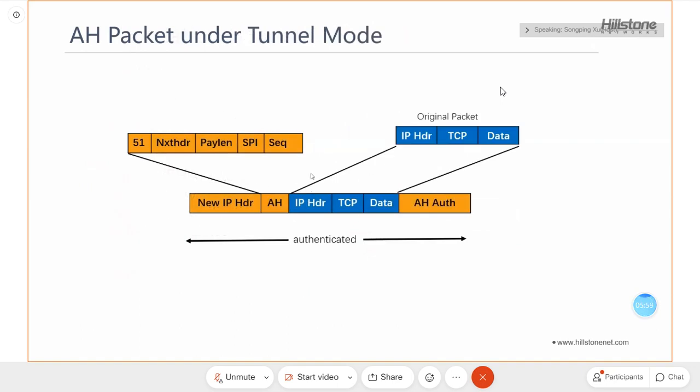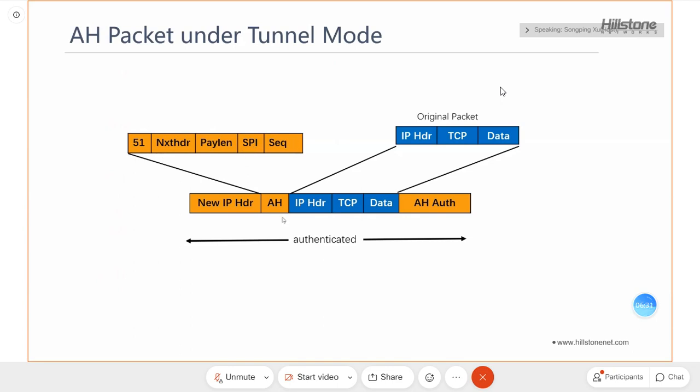Here is the example for the AH packet. The AH header is also added between the new IP header and the original IP header. The AH header includes the protocol number 51, the next header and also the payload length, the security parameter index, and the sequence.